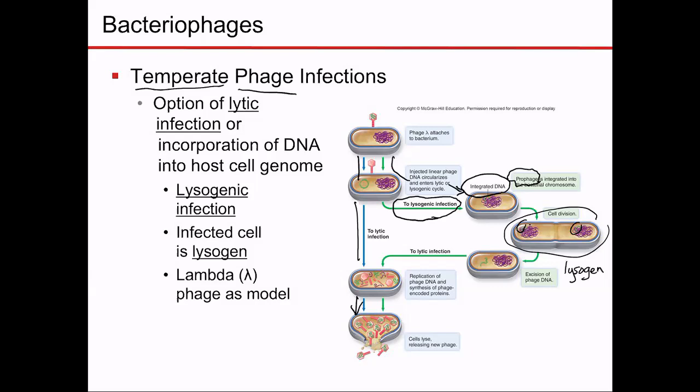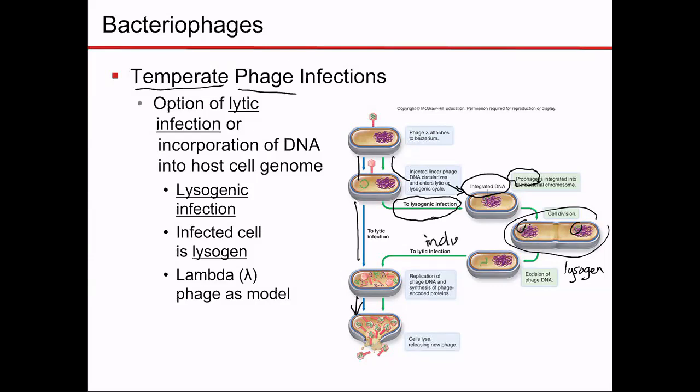Now, lysogens can remain in the lysogenic cycle for many generations, but can switch to a lytic infection all of a sudden at any time. And this will happen through a process that we call induction.